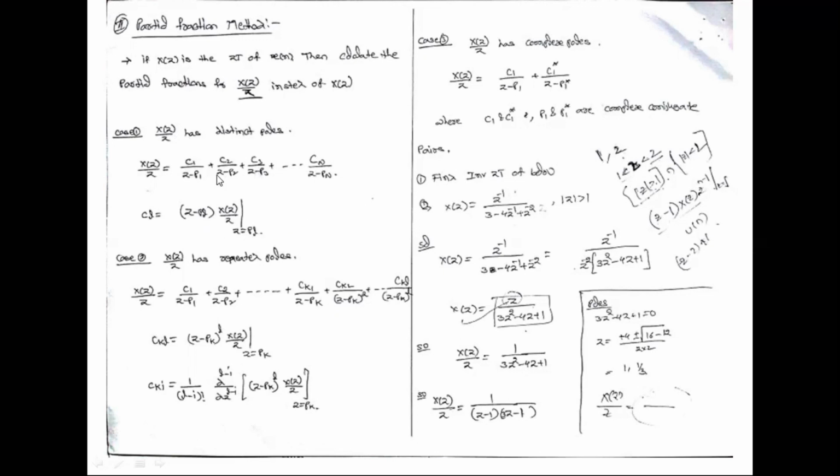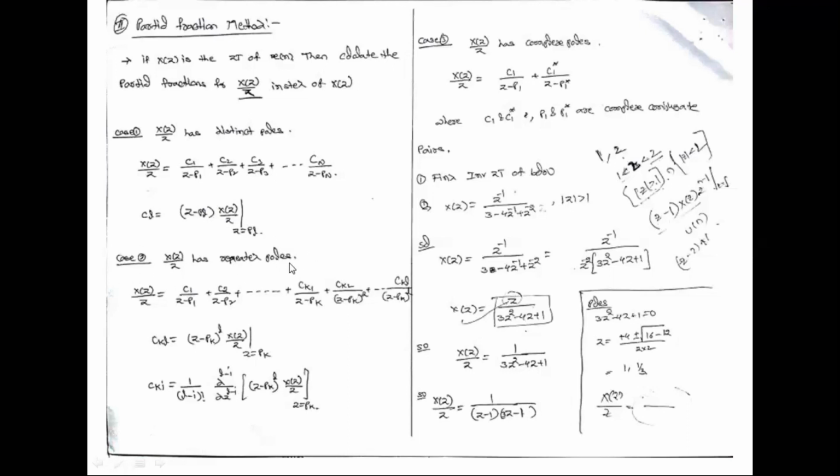But taking that as x of z by z, the coefficient of z minus p_i, c_i, is equal to z minus p_i times x of z by z, substituting z equal to p_i. Substitute whatever value we have here, z equal to p_i, to get c_i. c_i means c1, c2, c3, and so on. C1 means z minus p1, to get c2, z minus p2, and that value p2 is substituted.